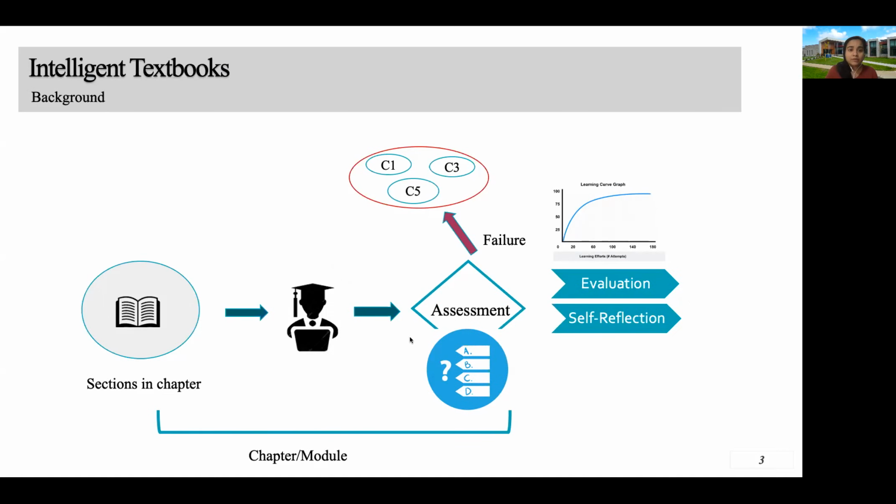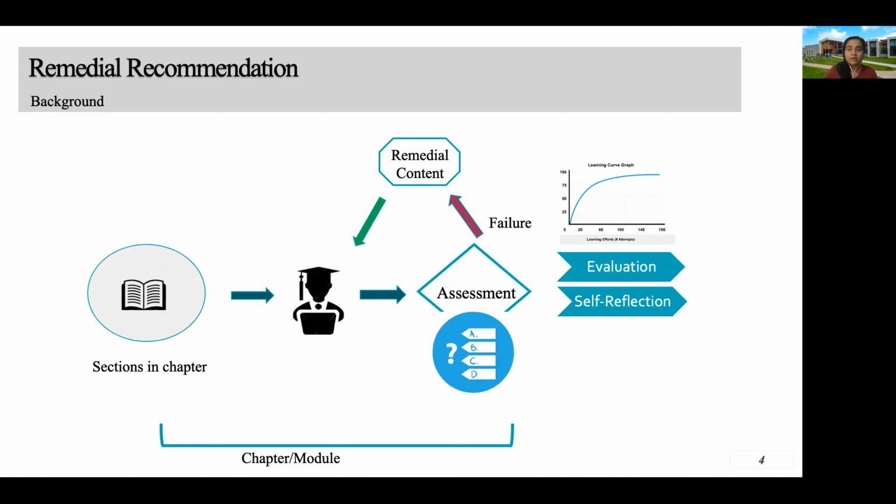In scenarios when a student fails an assessment, the student's knowledge deficit on particular concepts is exposed. This is where remedial recommendations come into play and help complete this learning loop.